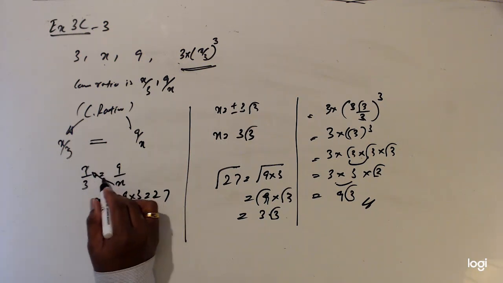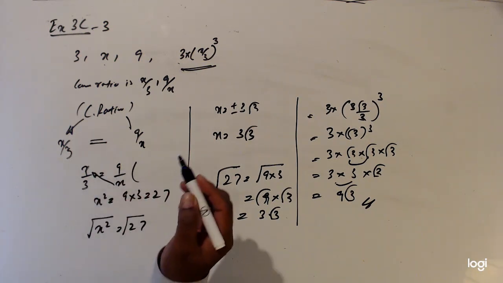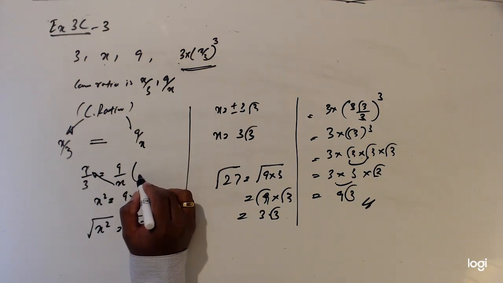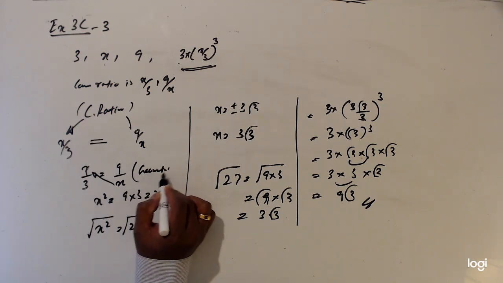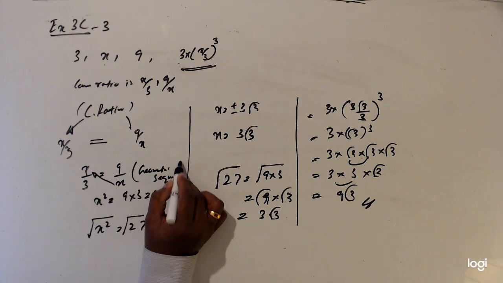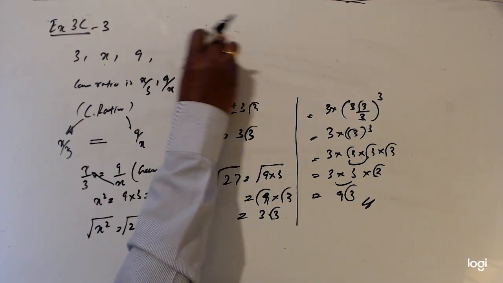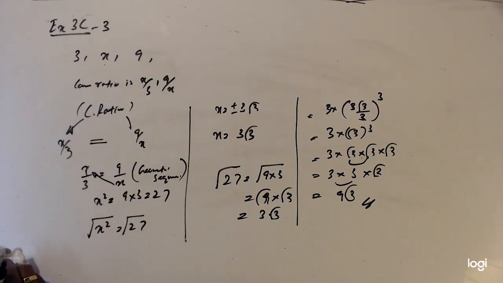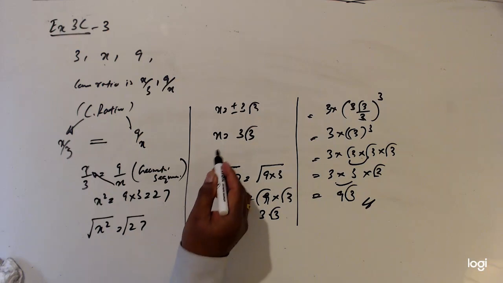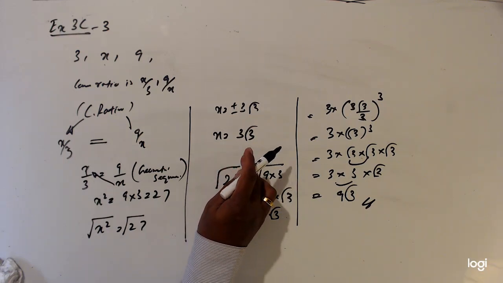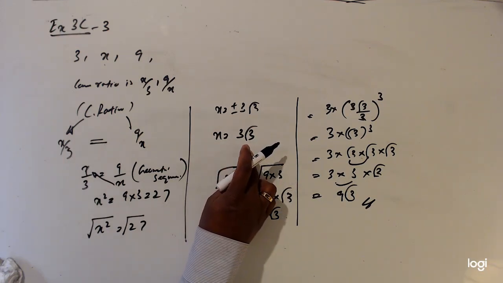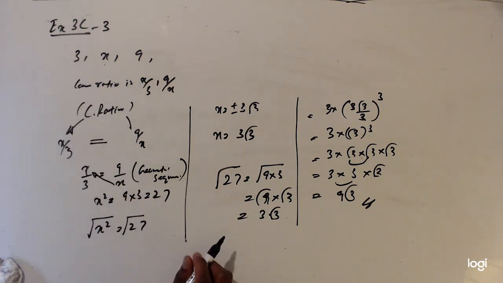x over 3 divided by 9 over x, we can write within brackets. The reason is geometric sequence. Or simply, when you calculate x equals 3 square root 3, then you can find the common ratio.